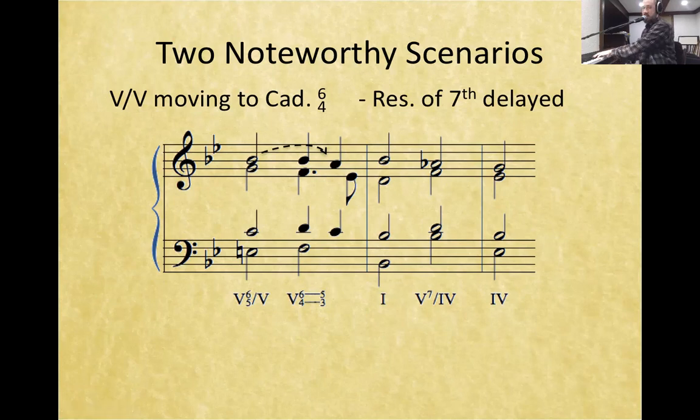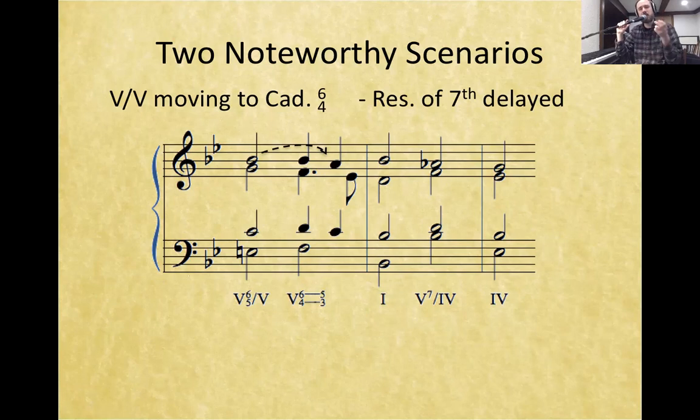So it does resolve, but not right away. There it is. Because the cadential 6/4 is all about becoming the root position 5 chord. So don't let this deter you from really good cadential 6/4 writing. Okay, so that's one situation.